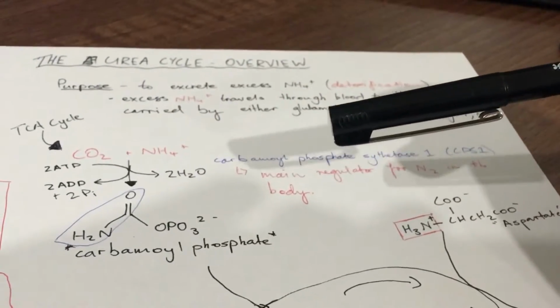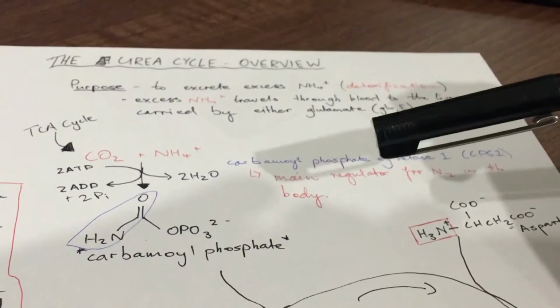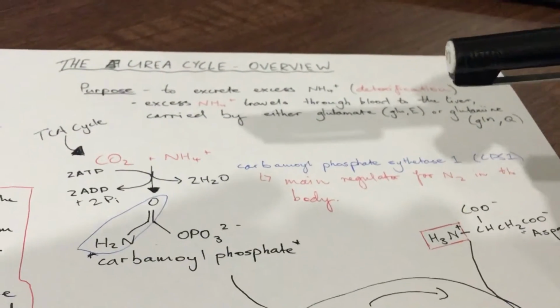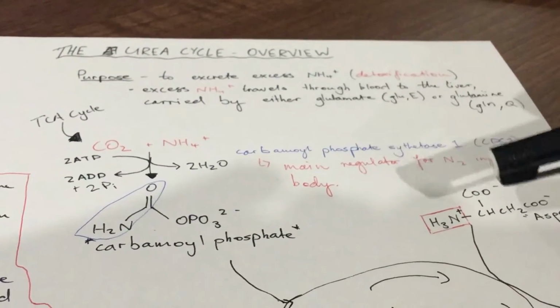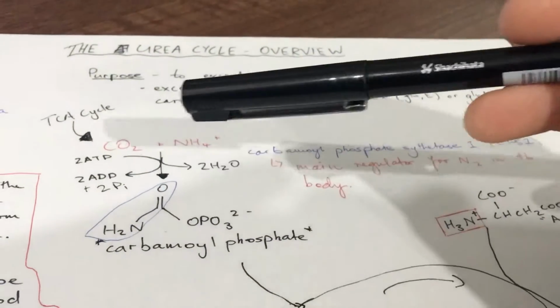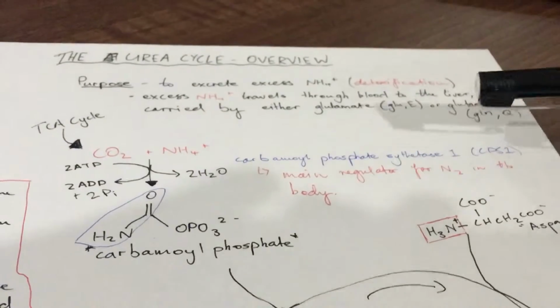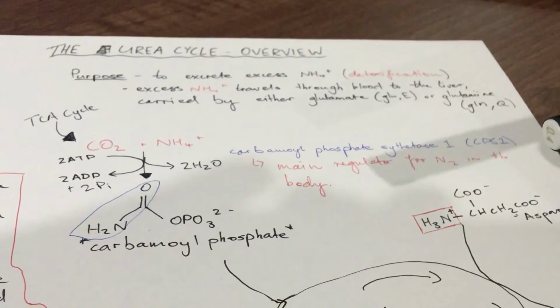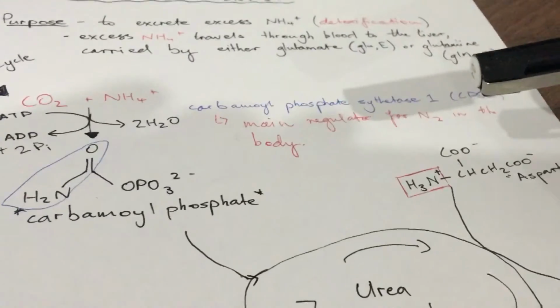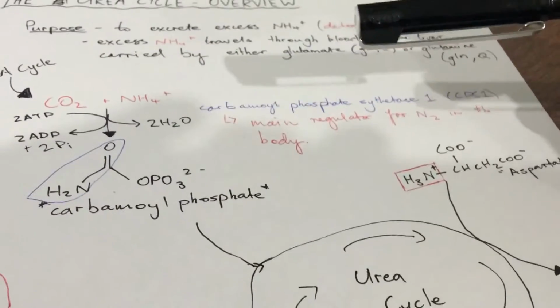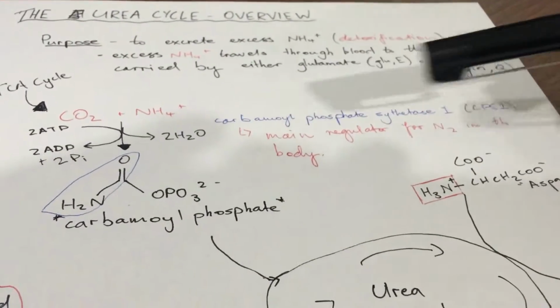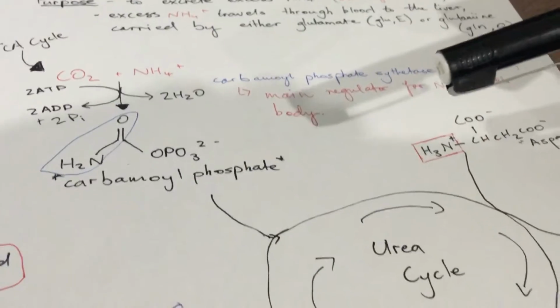But say if you had less of this enzyme in your body, or this was somehow affected in a negative way by something else, you would have problems with ammonium toxicity, and that could cause various different problems. So that should explain why this enzyme CPS1 is the main regulator for nitrogen in the body.